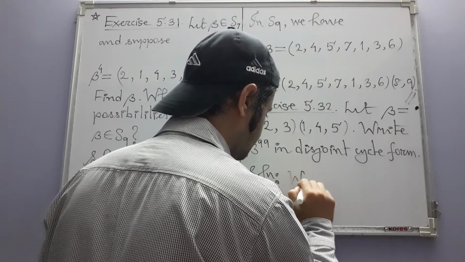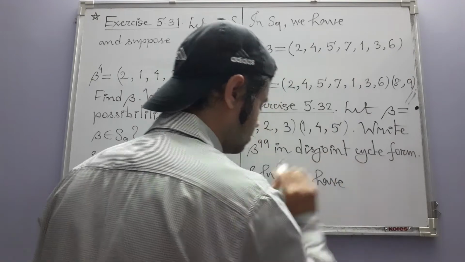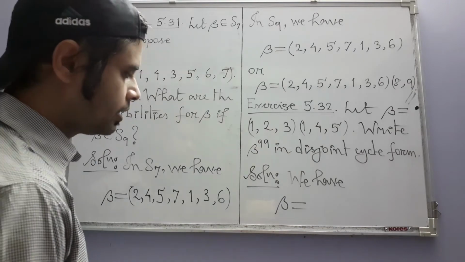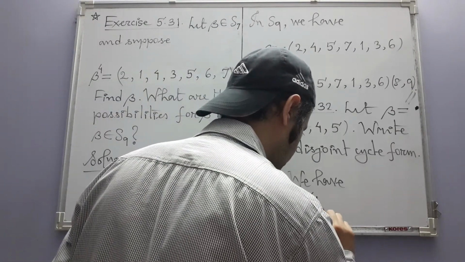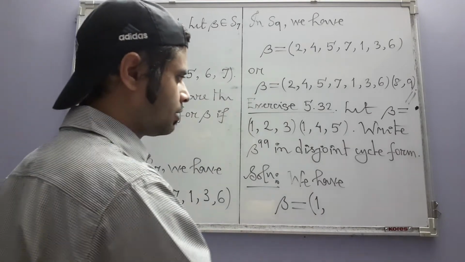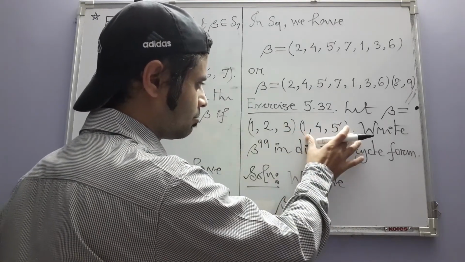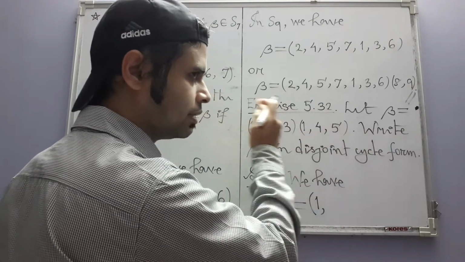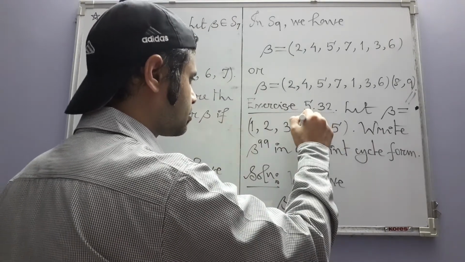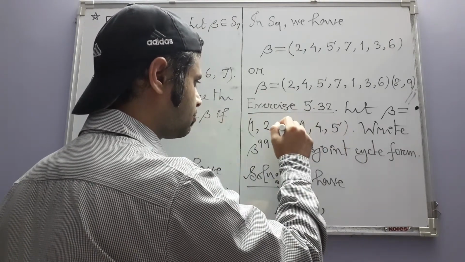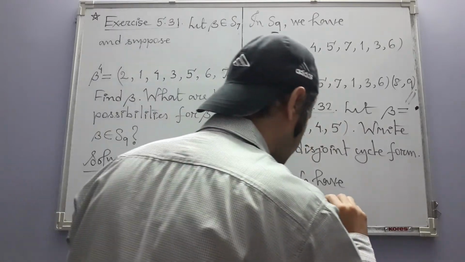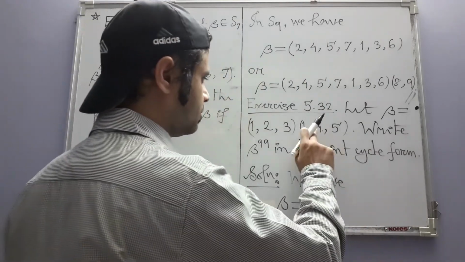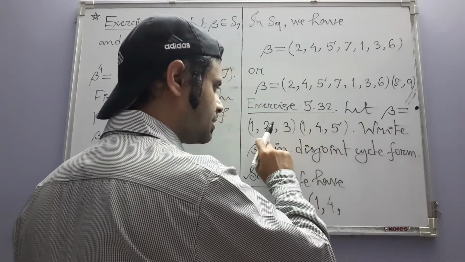We have beta equal to, keeping in mind that here the product is to be calculated by starting from the rightmost one, and then we come towards the left side. So 1 goes to 4, and then 4 is unchanged by this. So 1 is mapped into 4 by beta. Then 4 goes to 5, 5 is unchanged by this.